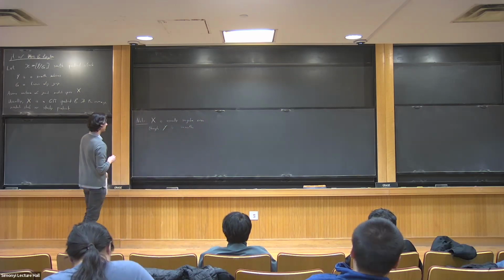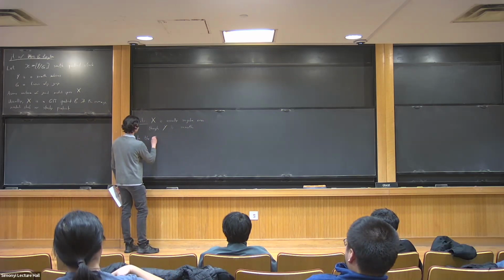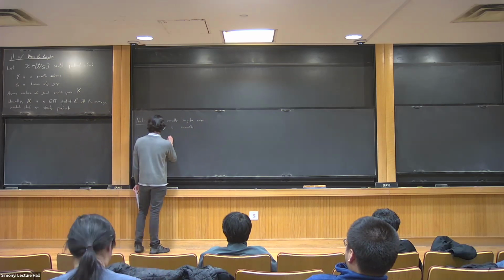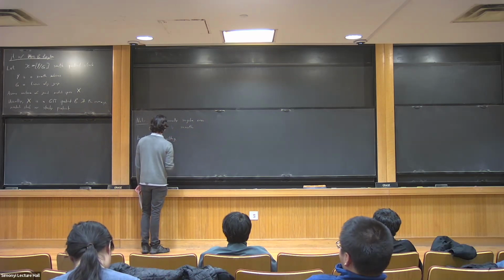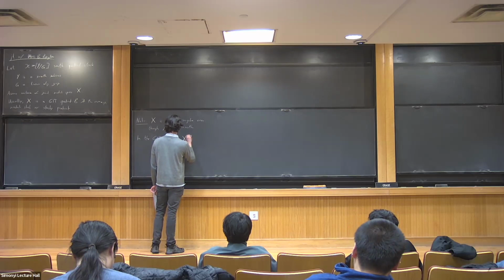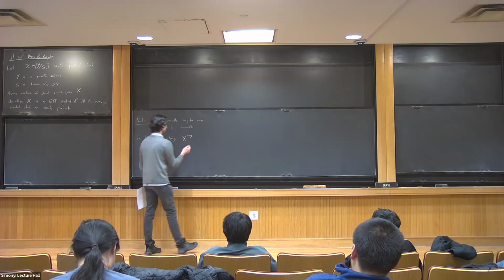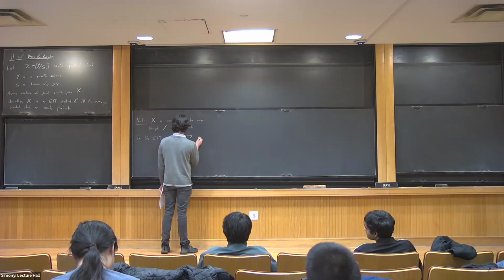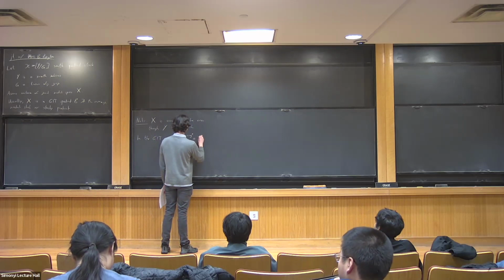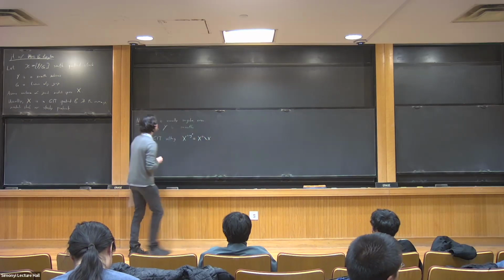And so in the GIT setting, it will be true that the singular locus is given by the points which are strictly semi-stable.